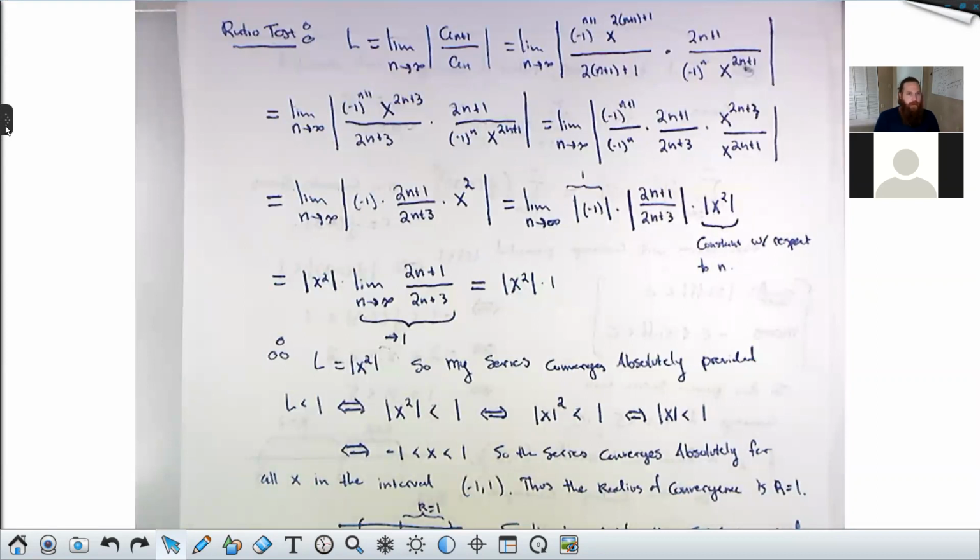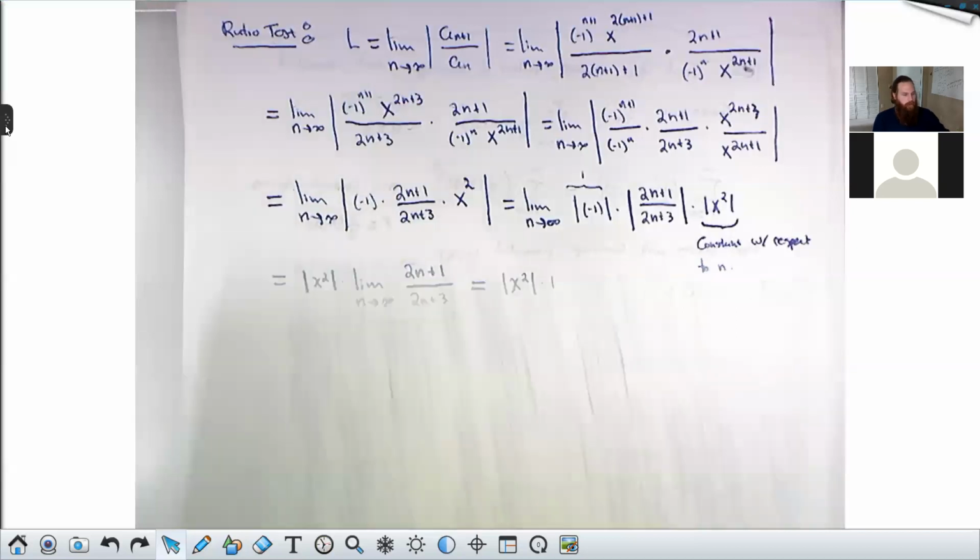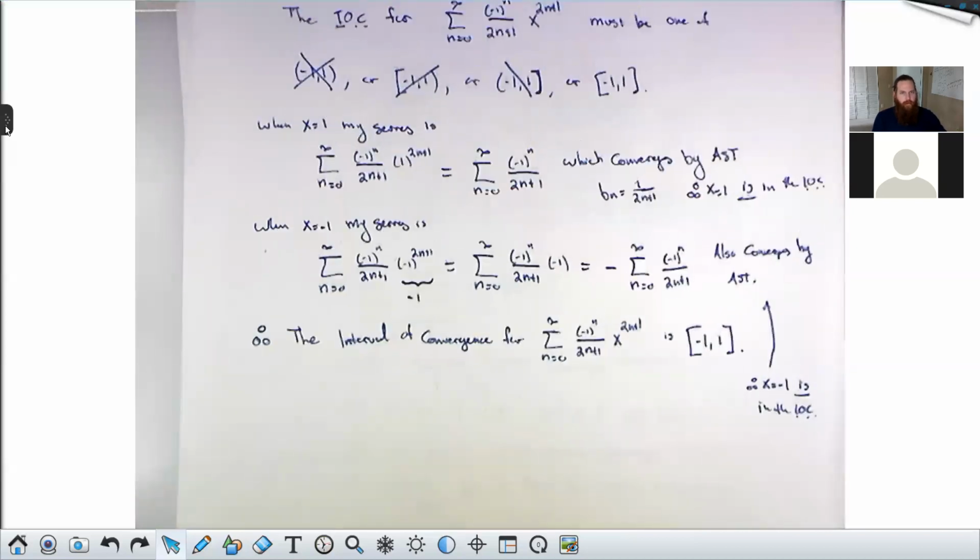So the closed bracket thing came from checking whether the endpoints were included or not. Because at both endpoints, x equals 1, my series converges, and x equals -1, my series converges, I need to pick the interval that contains both endpoints, and that's this guy. -1 on the outside doesn't matter.